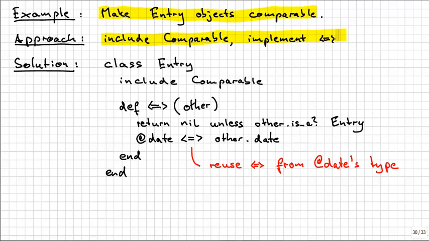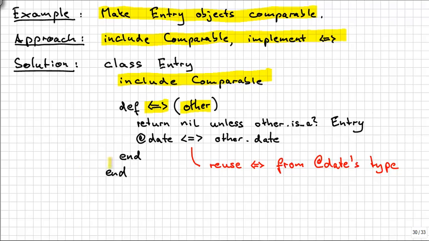So we start our class definition, or open it up, and we include the Comparable module from the standard library. And then we define the comparison operator, which receives another object to compare to. So we are comparing the current instance of the entry class with another that is handed to us with the comparison operator.